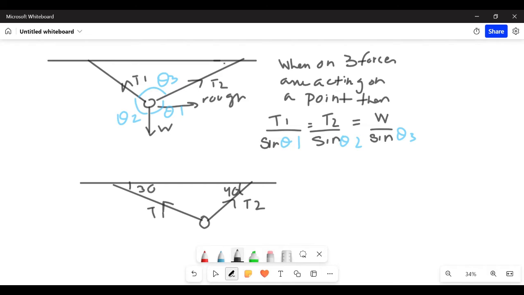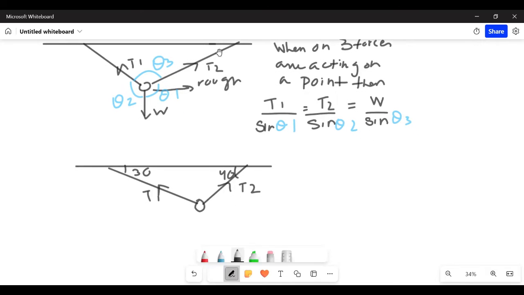Then you will have to resolve both the tensions into their components. So this one gets resolved into this and this. One of the components is this, the opposite component. So that means it's the sine component. So this is going to be T1 sine 30.